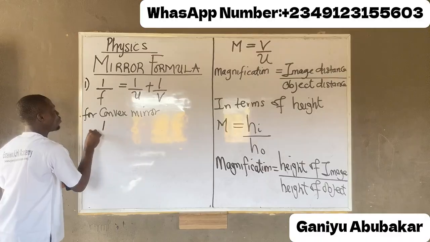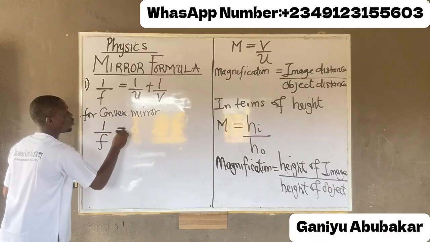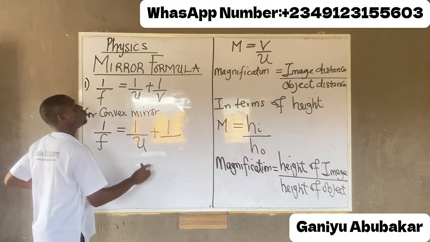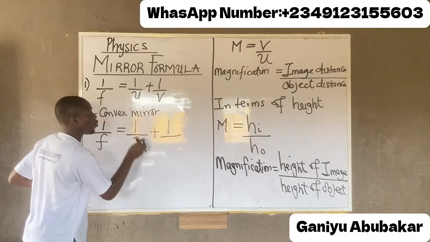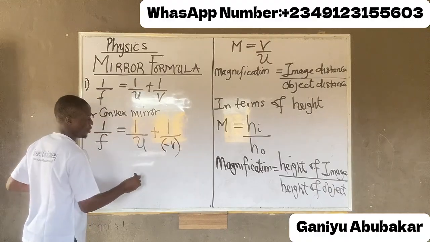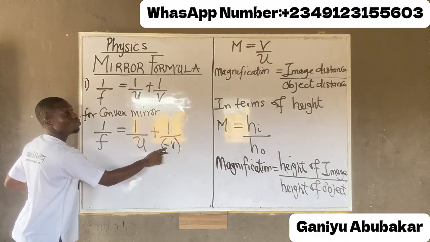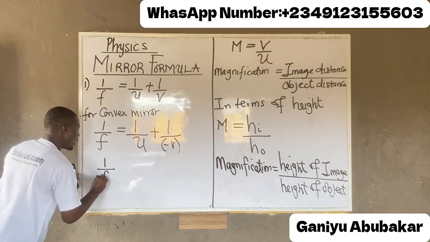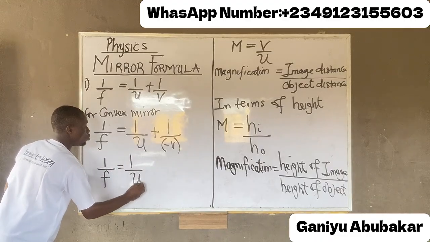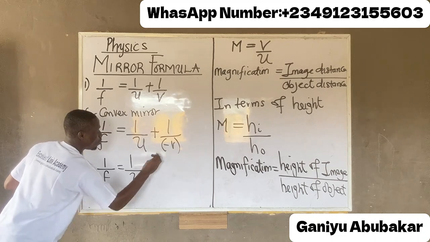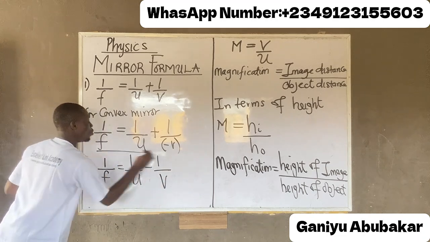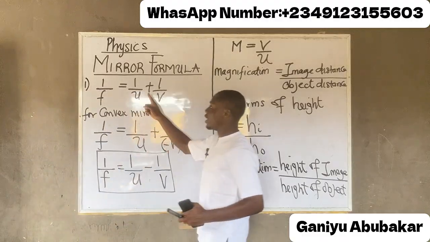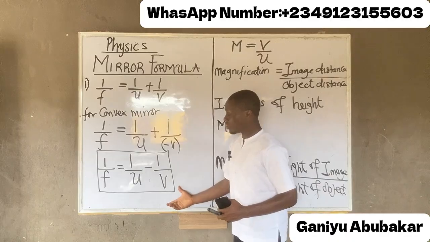So 1 over F for a convex mirror is equal to 1 over U plus 1 over minus V. Plus times minus gives you a minus sign. So my expression for a convex mirror becomes 1 over F equals 1 over U minus 1 over V. This is your formula for a convex mirror. This one here is for a concave mirror, while this one here is for the convex.